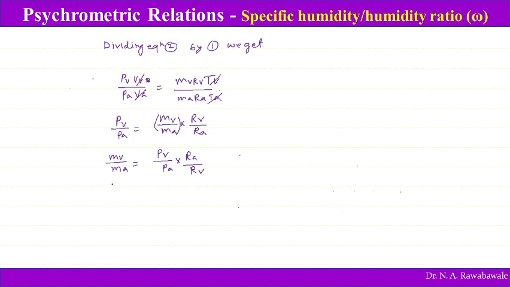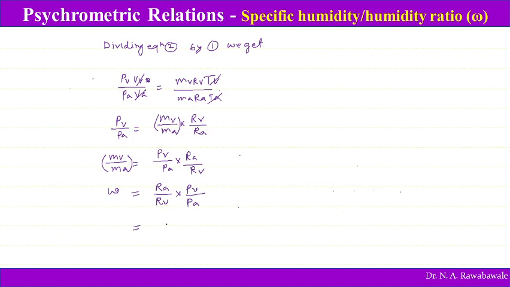So MV divided by MA is omega, that is specific humidity or humidity ratio that we define, and is equal to RA divided by RV into PV divided by PA.